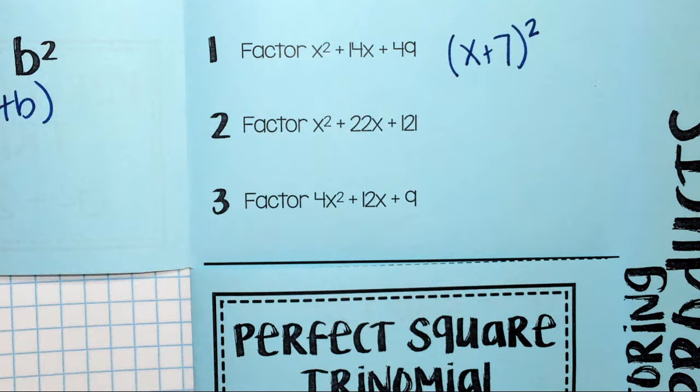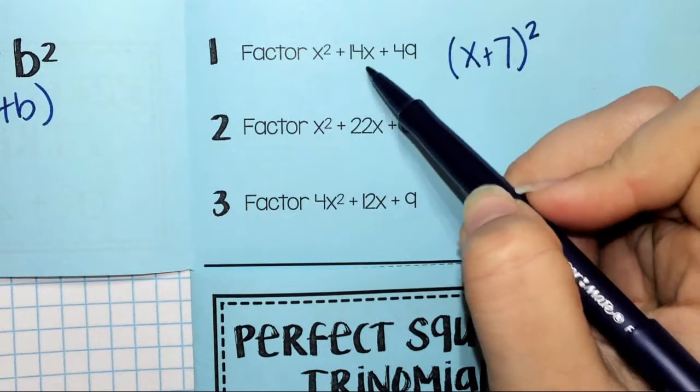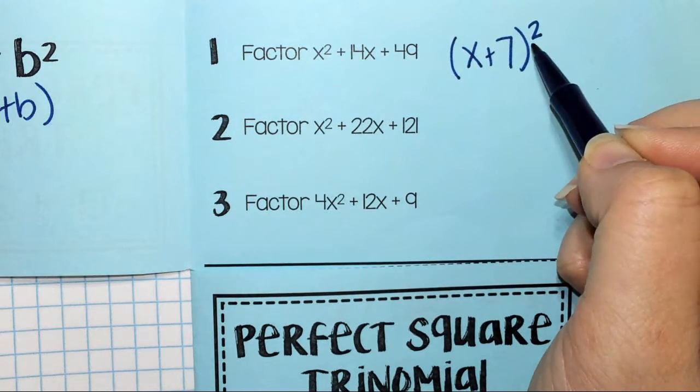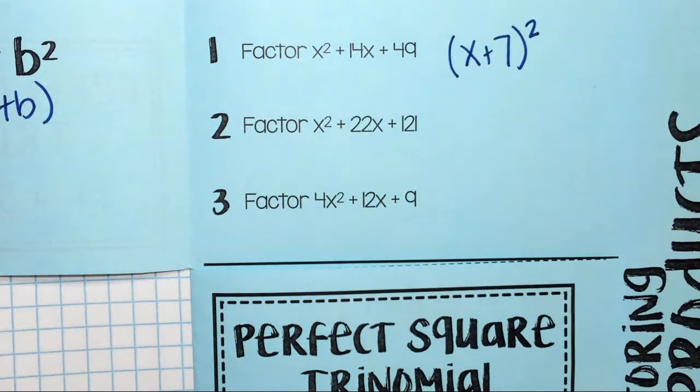Now the way you check it to find your middle term is you do x times 7, times 2, boom, we found our middle term. That's all you do.